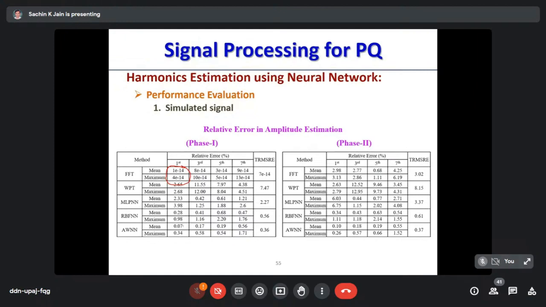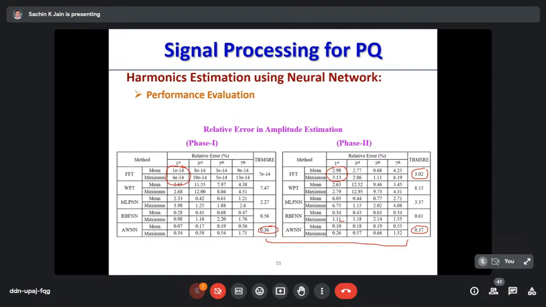But if there is a frequency variation, then you see with FFT the total root mean square error is very high, whereas it is very insignificant with AWNN. So its performance is consistent. That's what I would like to say.